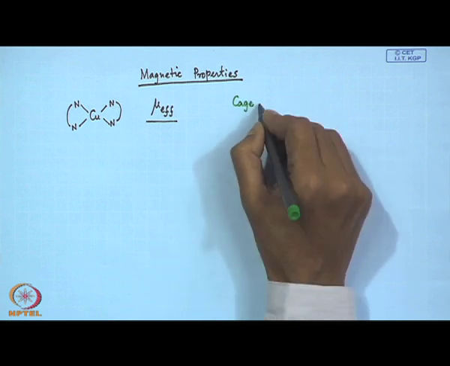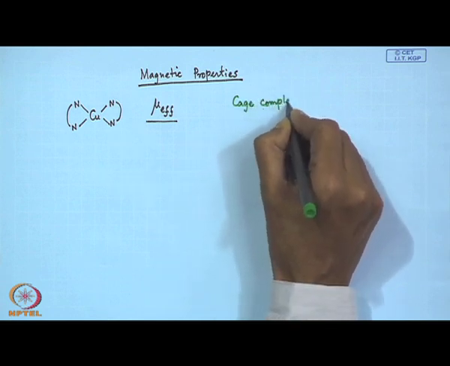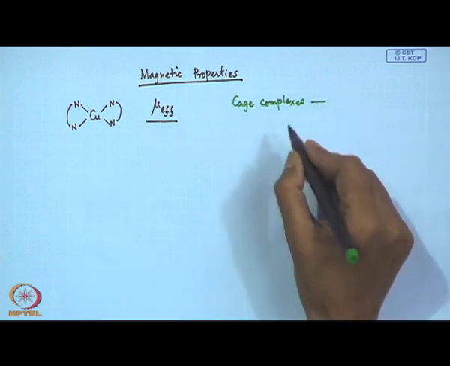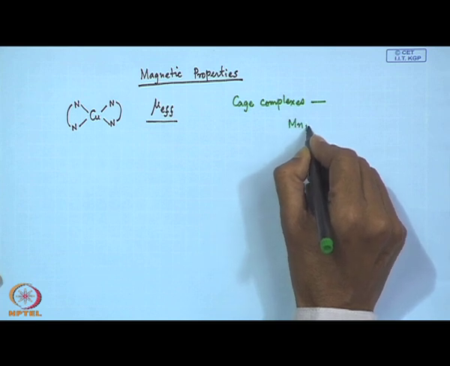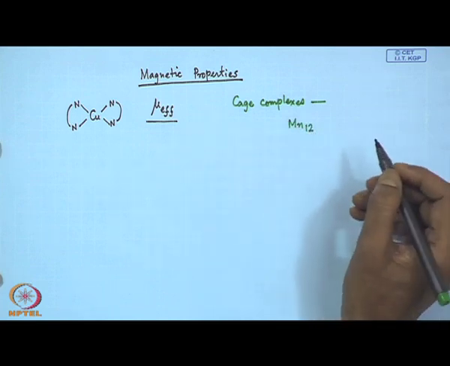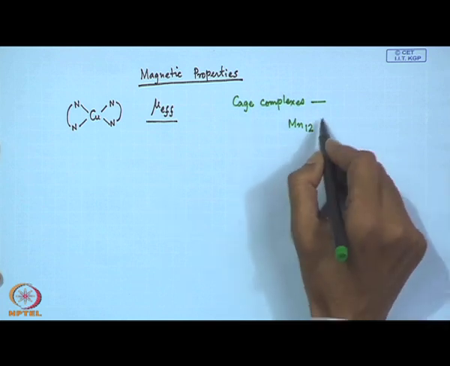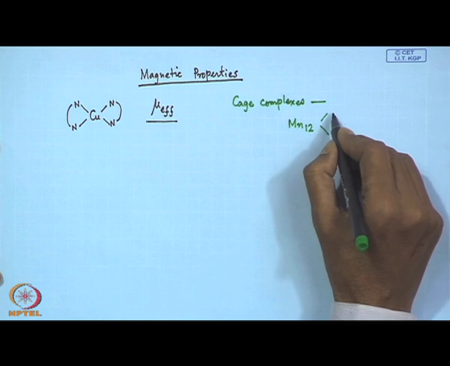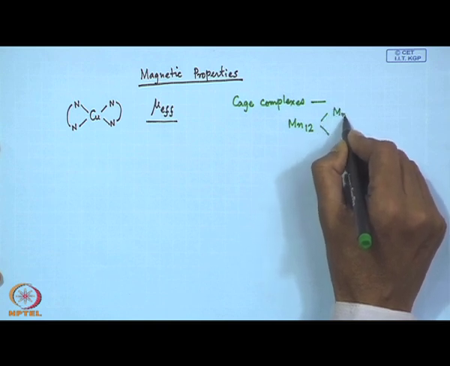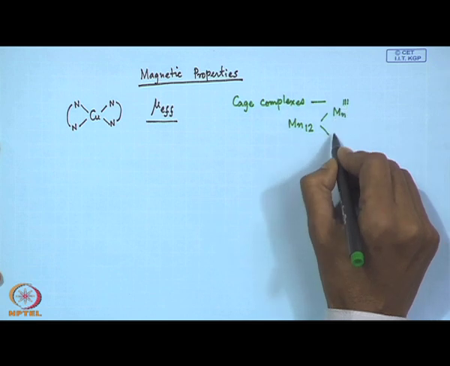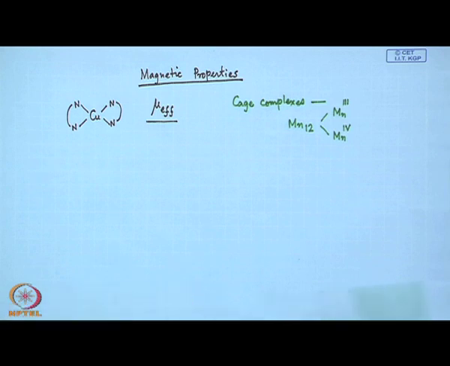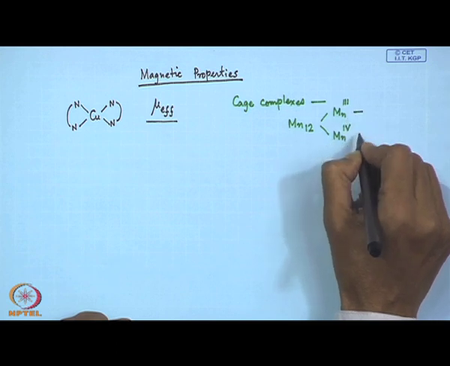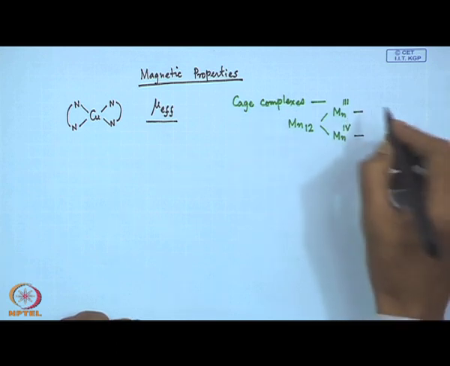So, when we see the cage complexes where a large number of metal ions are there, the most well studied example is a compound containing 12 manganese ions, and not only 12 manganese ions, but the manganese ions are present in two different oxidation states, manganese 3 and manganese 4.